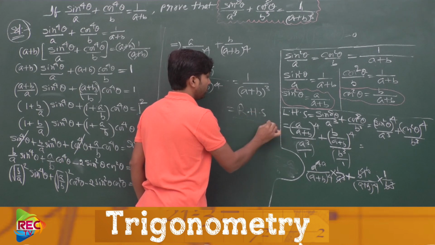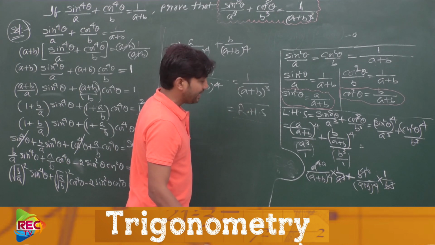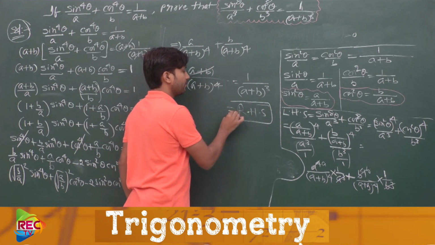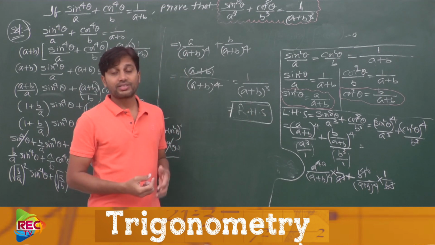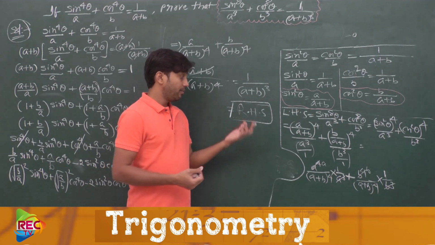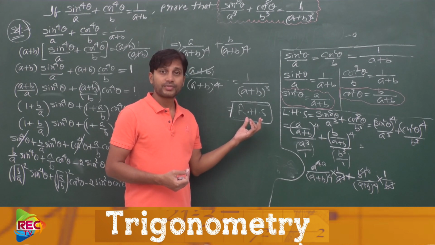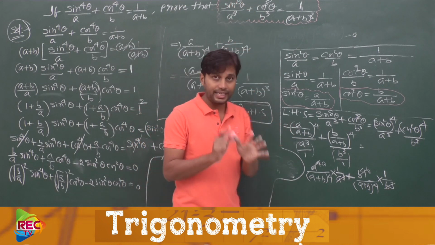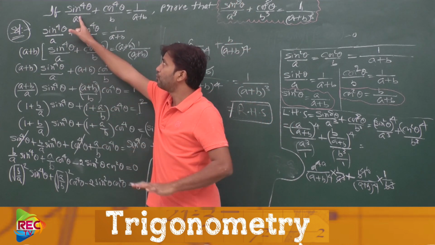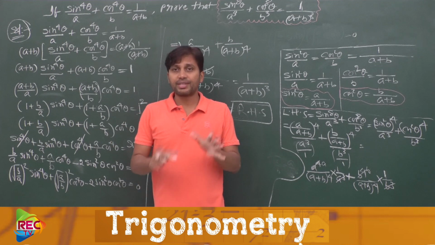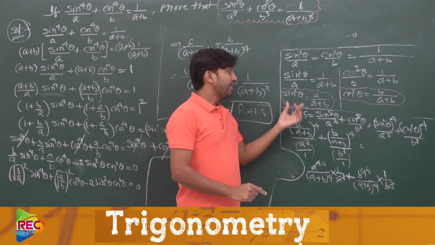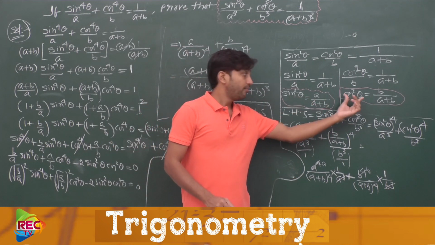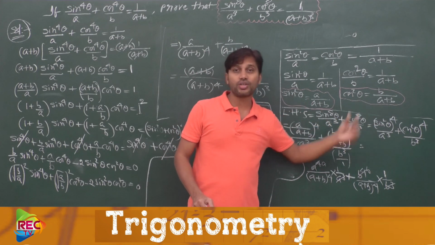Therefore, what we did is exactly correct. After doing this long process, we could solve it. Understood, guys? We took the given condition, simplified it, and obtained the values of sin square theta and cos square theta.